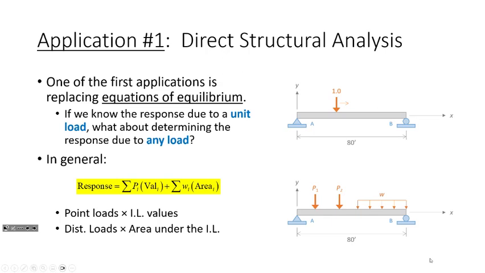Now, one thing I'll say about this is that there is a slight caveat that this only works, or I should say only works easily, for loads that are vertical, right? If you have loads that are inclined or loads that are horizontal or something like that, it does make the application of influence lines a little trickier.